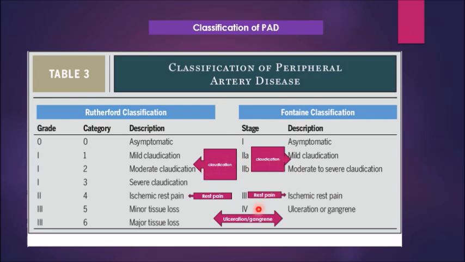As the disease progresses, the claudication becomes more severe until it develops rest pain, where even at rest the patient gets pain. And lastly, the most severe form is when there's tissue loss, with ulceration or gangrene setting in with sepsis. So basically, 4 stages, as I mentioned in my earlier slide.